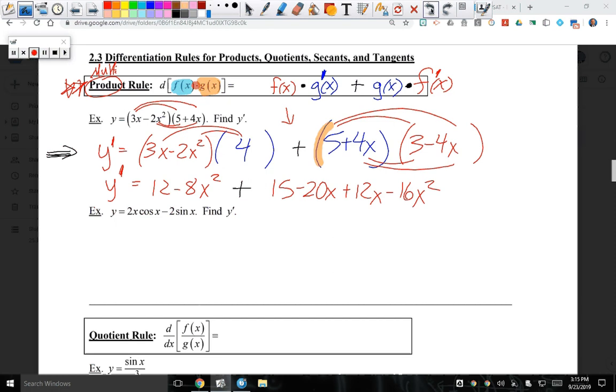So combining all like terms, what's the biggest power that you see? Okay, so we have y prime equals negative 24x squared. How many x's do you see? Wait, there should be an x at the 12x minus 8x squared.